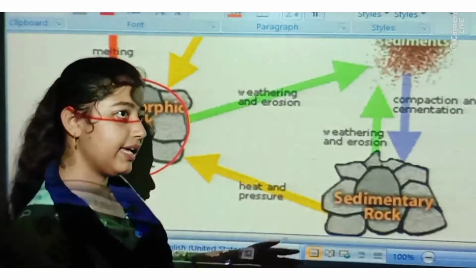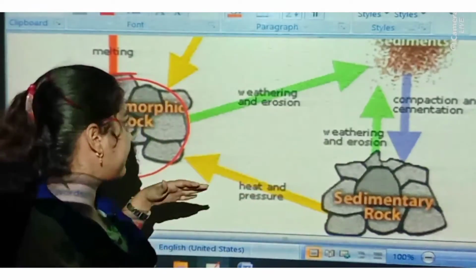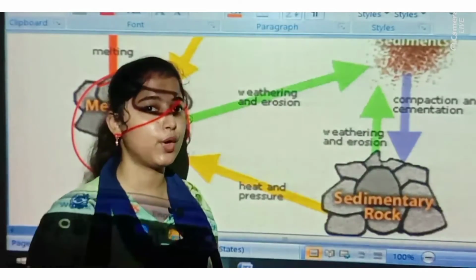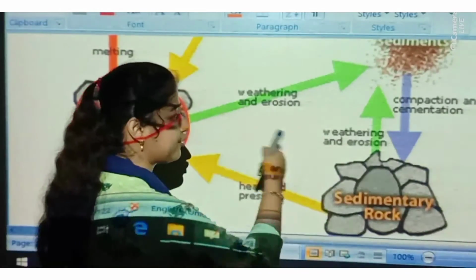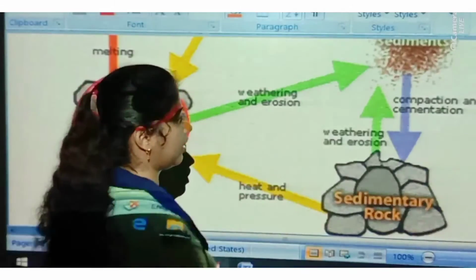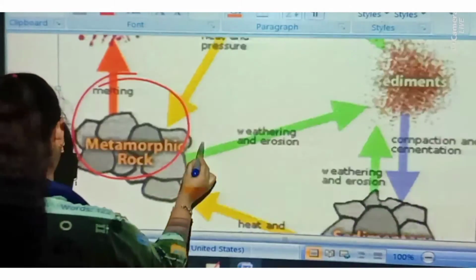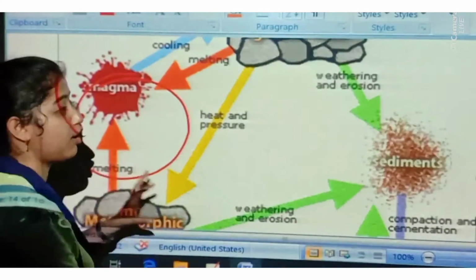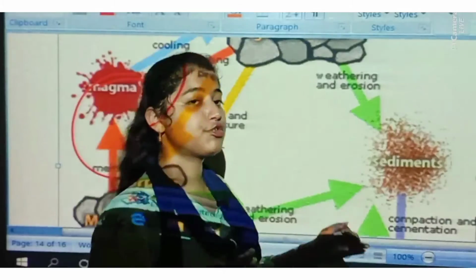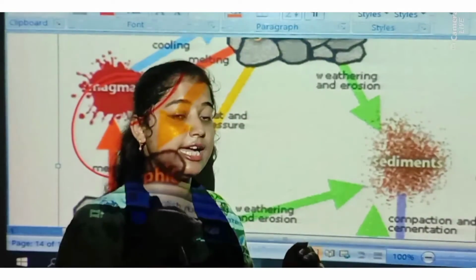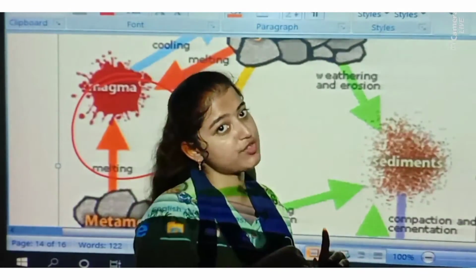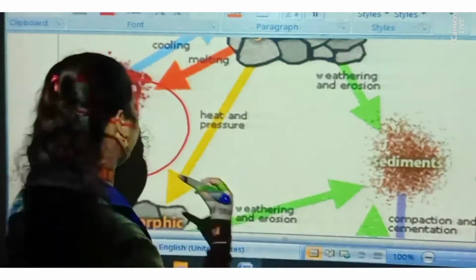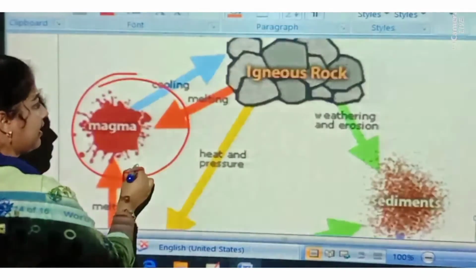Then we already knew that when the process of metamorphism happens, the color and the physical components of the sedimentary and igneous rock change. The same thing happens, and this metamorphic rock, due to earth movement, gets deep into the asthenospheric zone, gets melted by the heat and creates magma again, right?